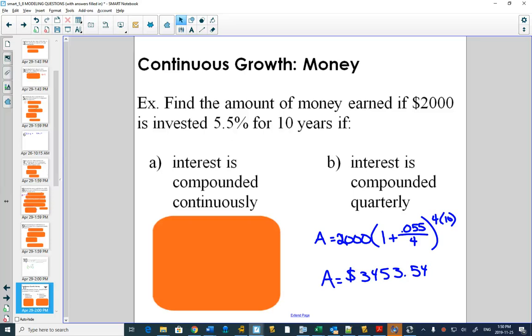Well, it's not the same because if it's compounded quarterly, that means in 3 months they give you $100. In the next 3 months, they give you another $100 plus interest on the first $100 they gave you. And that's why this one's going to be more, because they're giving you little bits of money all the time, and you're also making new money on those little bits of money.